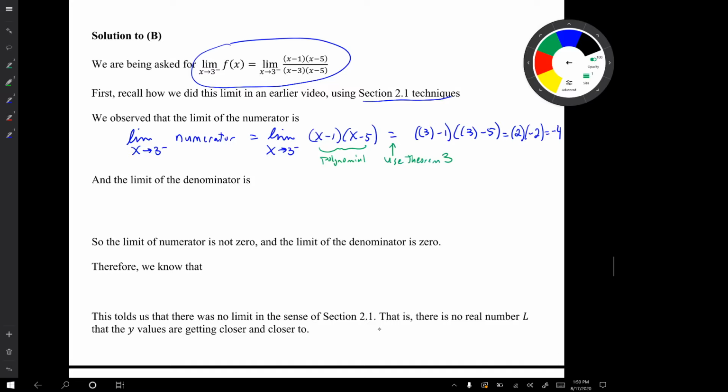We found that the limit of the numerator is the number -4. To do that, we used theorem 3. That is, we observed that the function we were taking the limit of, the numerator, is a polynomial, so we can just substitute in the x value.